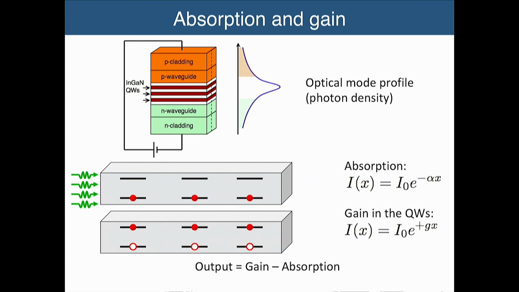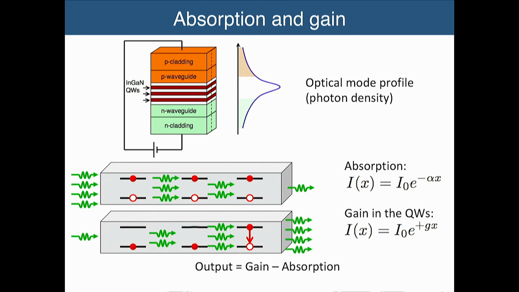We know about absorption, right? You send photons in a material, and the photons dissipate by exciting electron-hole pairs across the bandgap or between two states. And that's the Beer-Lambert law we discussed earlier. But here, in the quantum wells, we have lots of excited electron-hole pairs, and what you get there is gain.